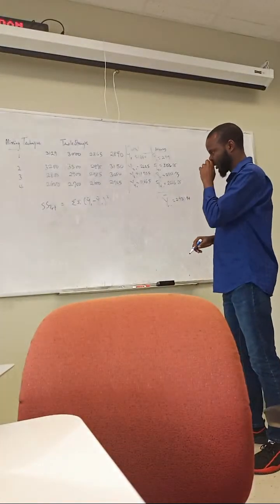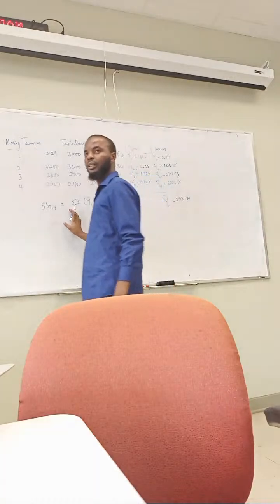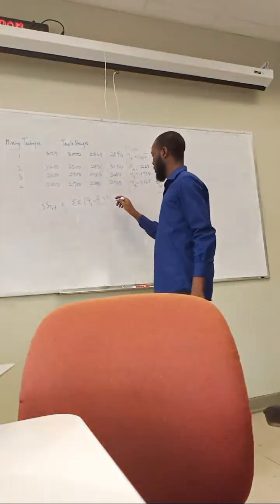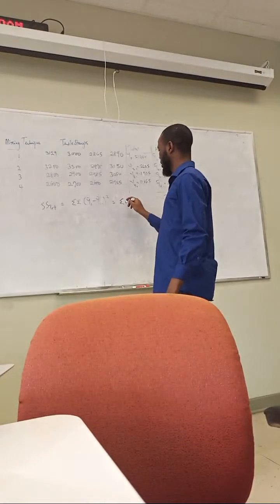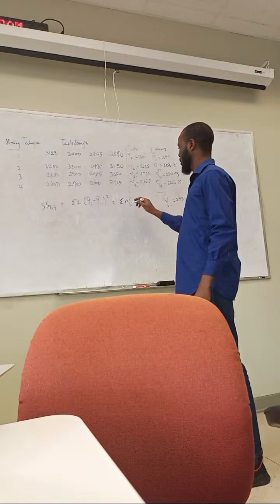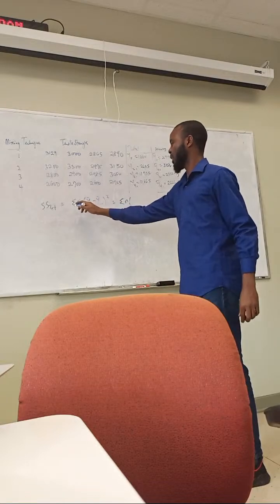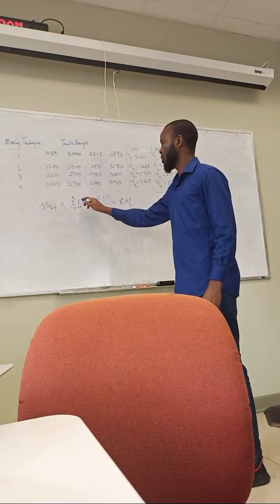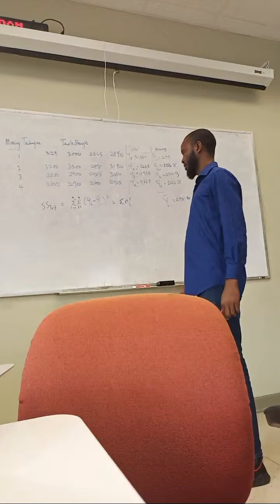Now, Alex, for this SS treatment, you can have the double summation with i from 1 to a and j from 1 to n.